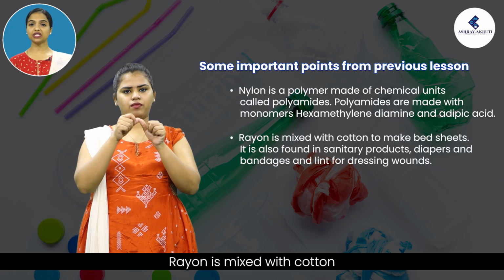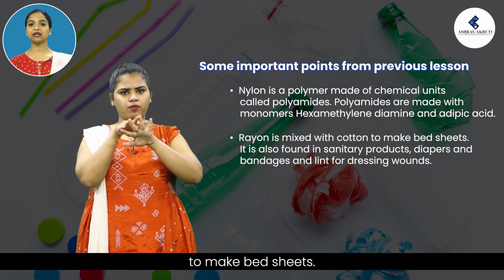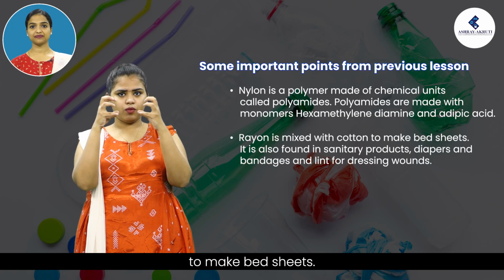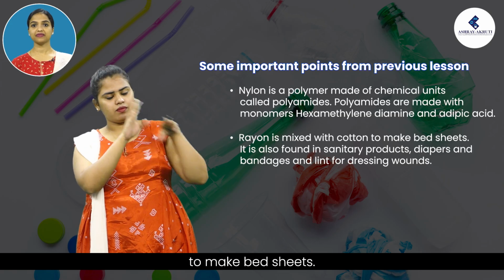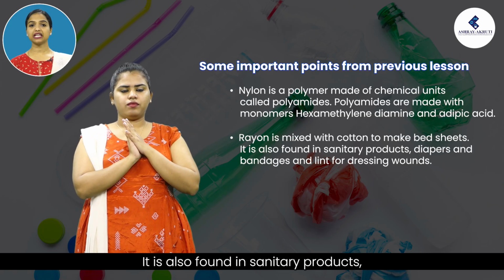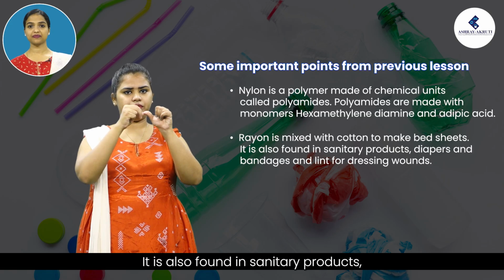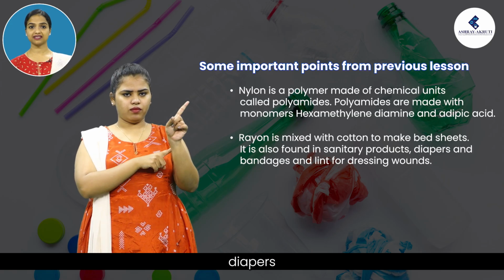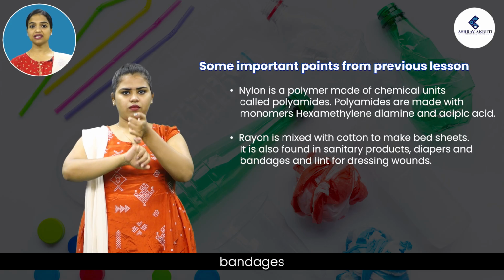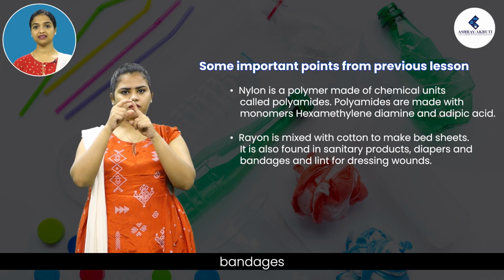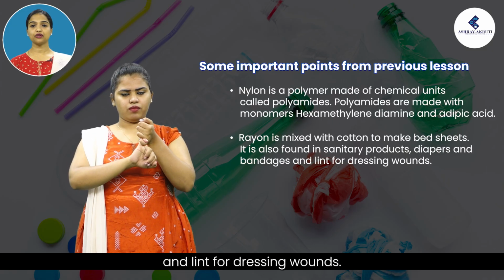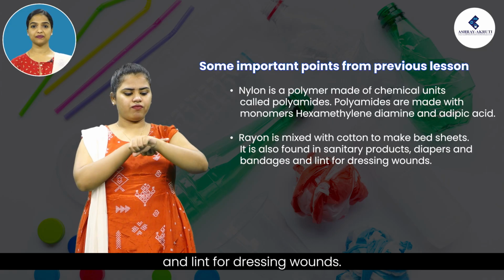Rayon is mixed with cotton to make bed sheets. It is also found in sanitary products, diapers, bandages, and lint for dressing wounds.